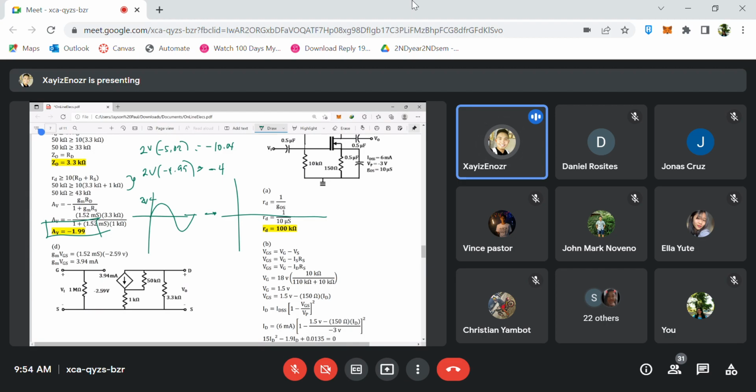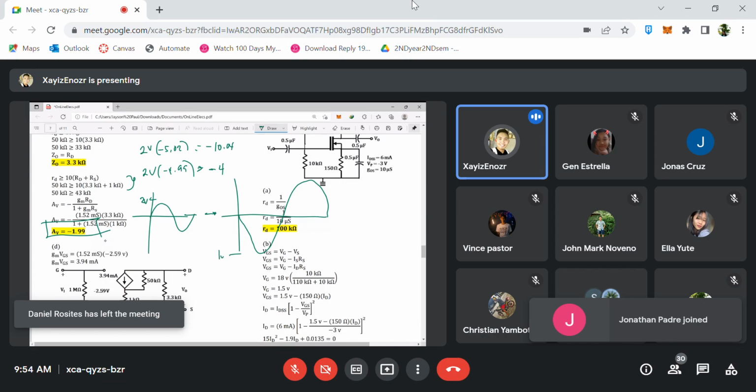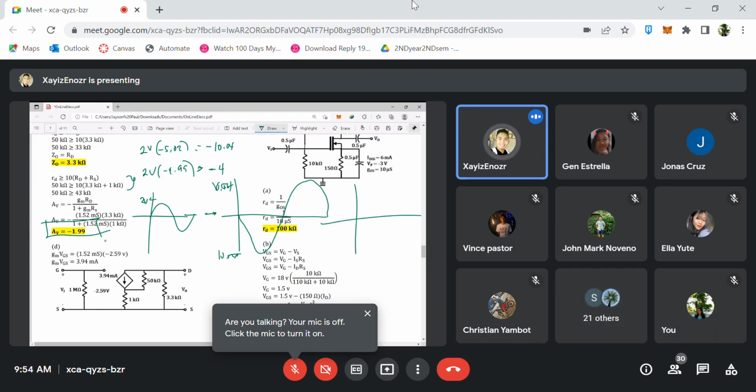Ano ba yung ibig sabihin nun? Mababaligtad lang yung phase ng ating input. So, yan, 10.04. Ganyan siya. Pag sa negative 4 naman, ganun lang din naman siya.